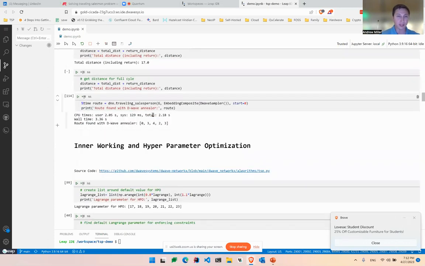But the next part is running on a real machine. The way to do it is we have to use this embedding composite, and then we give it a DWave sampler. And embedding composite is the thing that converts, basically converts to BQM, as far as I understand.